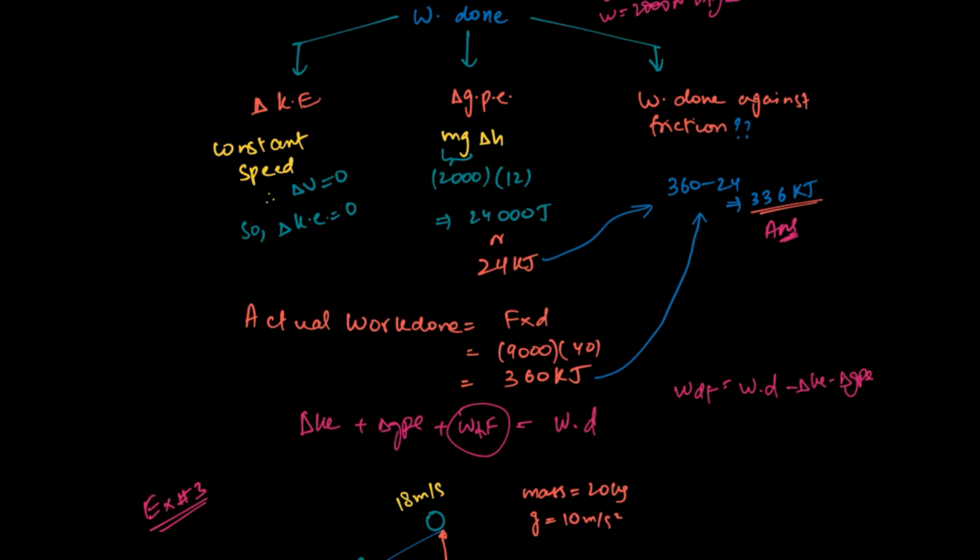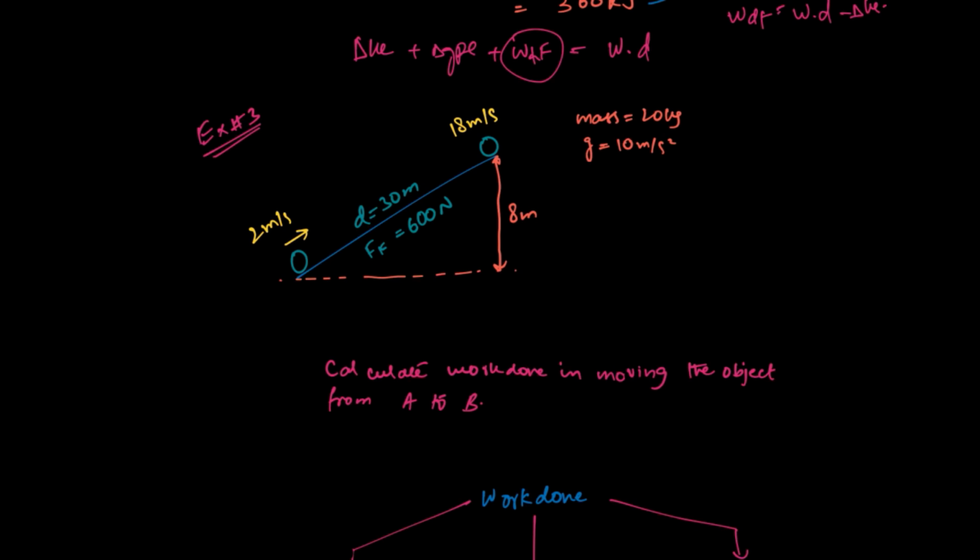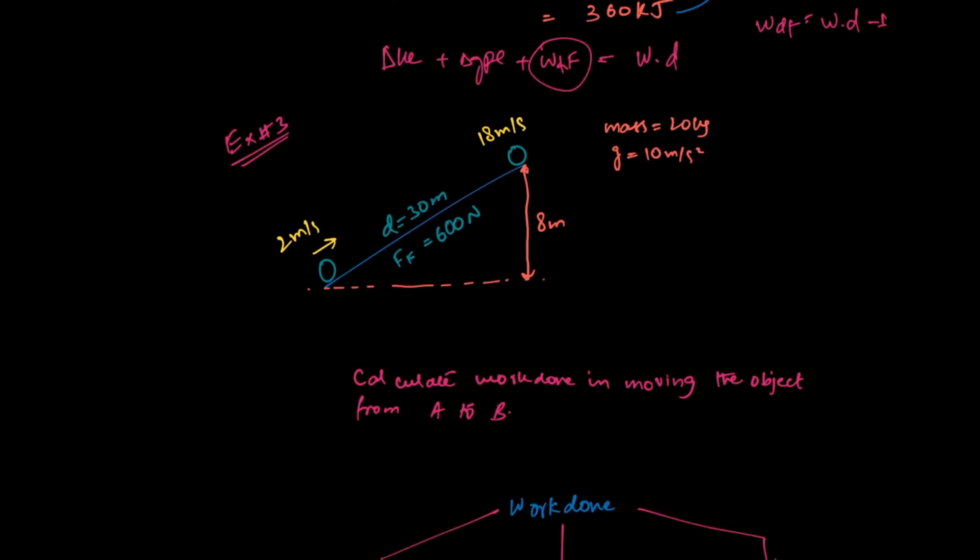Alright, let's move on to the next example, which is again a bit more complex. So, example number 3. The question says that initially the object travels at a speed of 2 meters per second.